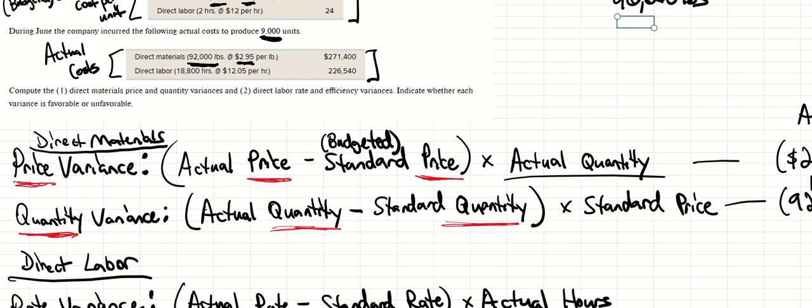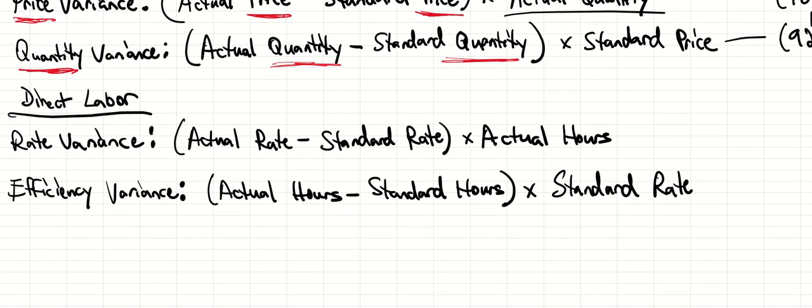Okay. Now moving on to direct labor. Same thing, we're going to be doing a plug-in. So we're now focused on the rate variance. And so just like I did up above in the direct material variances, I'm going to underline the word rate, and rate variance, and actual rate, and standard rate.